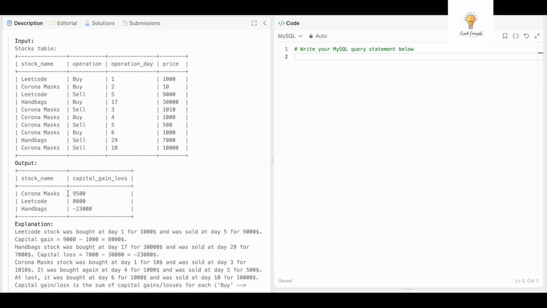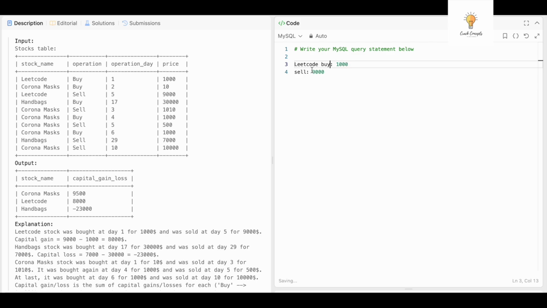For Corona mask, capital gain or loss is 9500. For Leetcode, it is 8000. Let's see one by one. For stock Leetcode, it was bought on operation day 1 at price 1000 and then Leetcode was sold on operation day 5 for 9000.